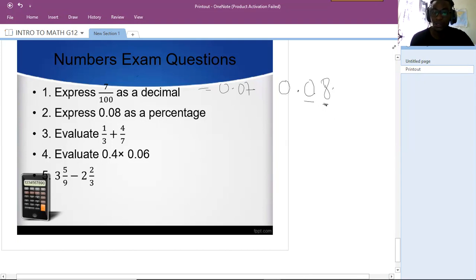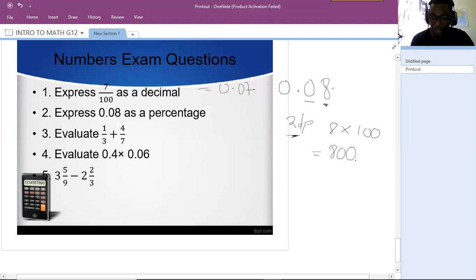So 0.08 has got two decimal places. We remember that, and we just write it as 8. Then we just say 8 multiplied by 100. If you multiply 8 by 100, it's going to become 800. Then we remember our decimal places. We have got 2 decimal places there.